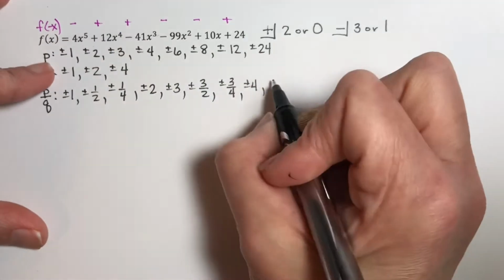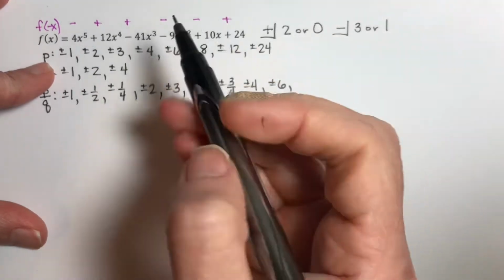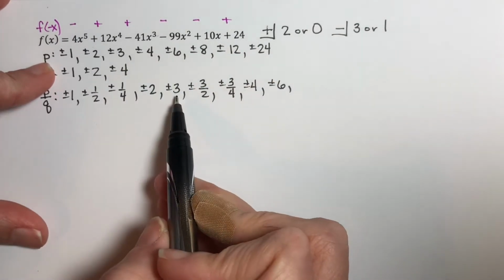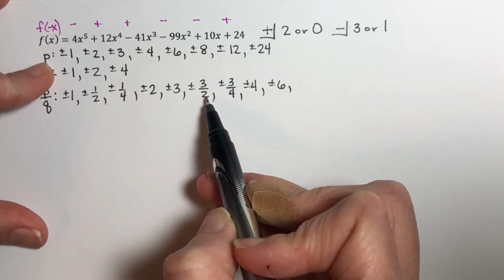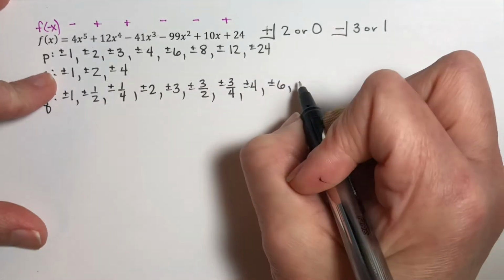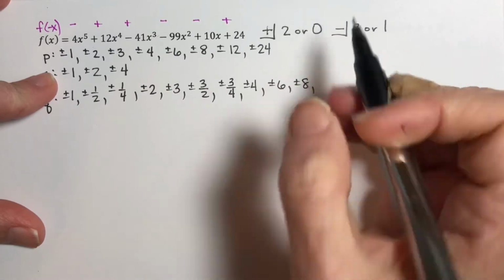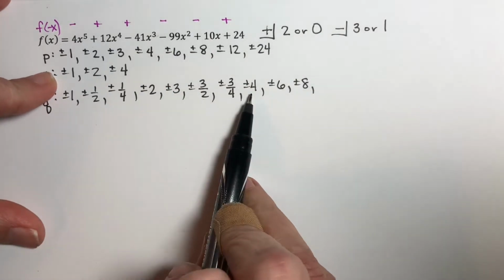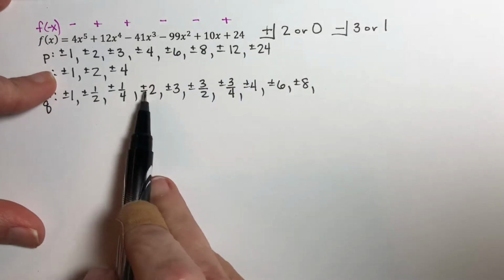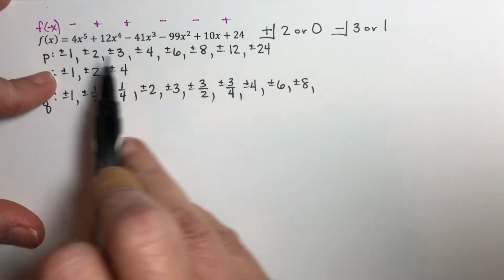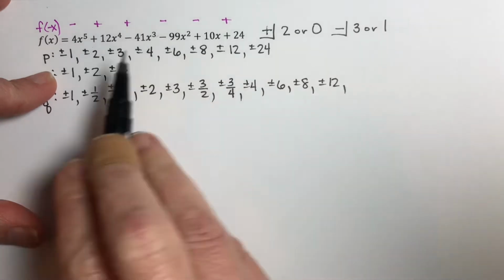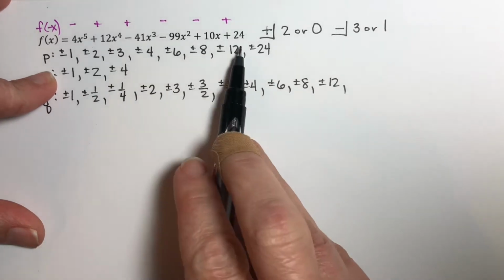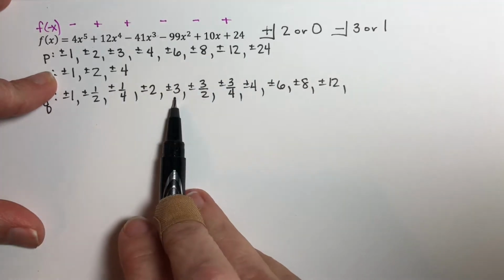6 over 1. 6 over 2 is 3. 6 over 4 reduces to 3/2. 8 over 1. 8 over 2 is 4. 8 over 4 is 2. 12 over 1. 12 over 2 is 6. 12 over 4 is 3.